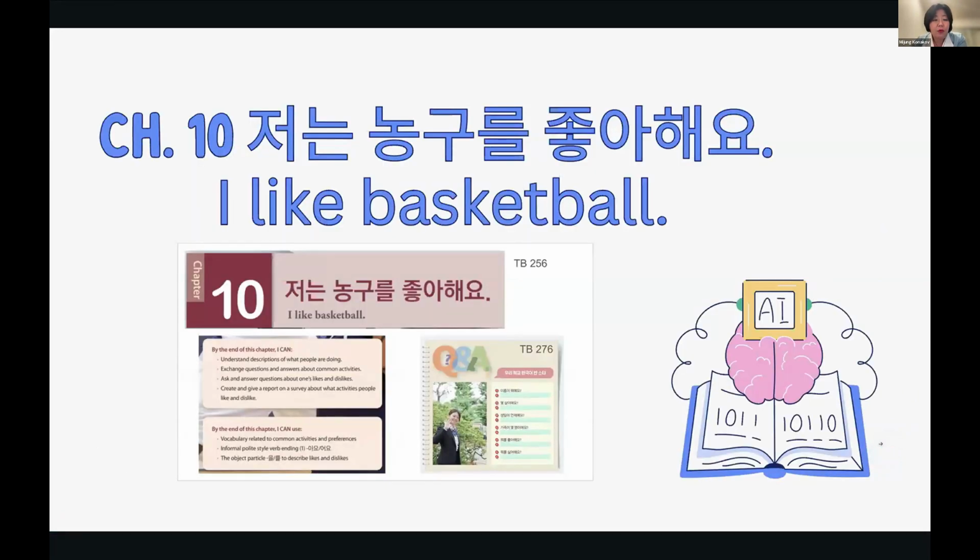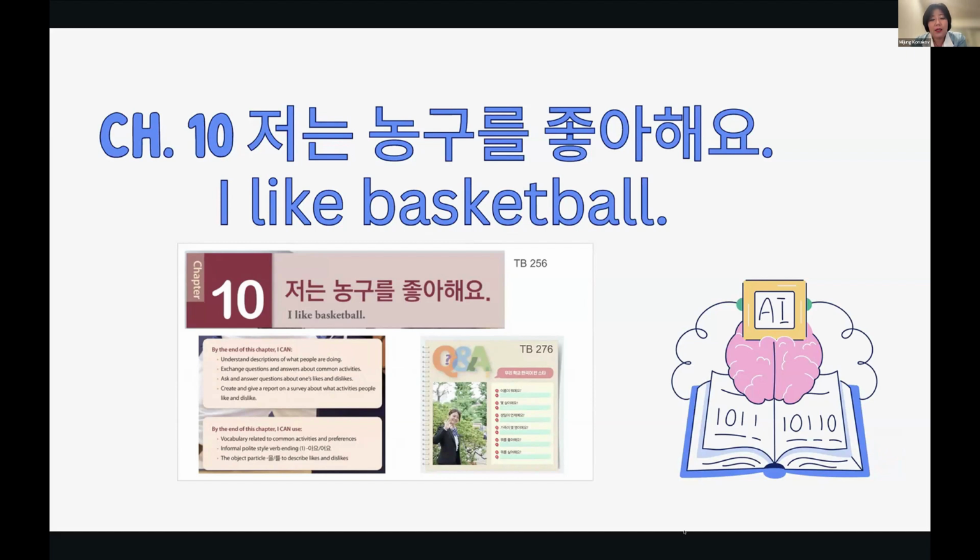This chapter was out of 12 chapters. This is chapter 10, which is about what I like or what I don't like. So 저는 농구를 좋아해요, which means they know how to say I in Korean, and then they need to learn how to say I like or I don't like, and what you like and what you don't like.